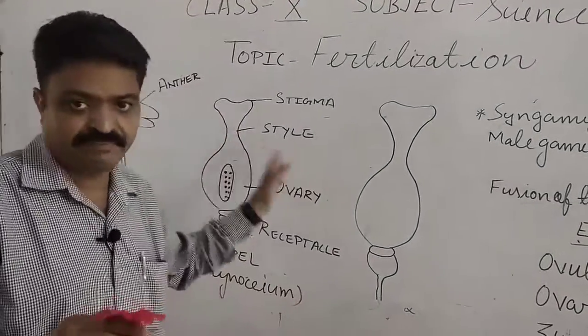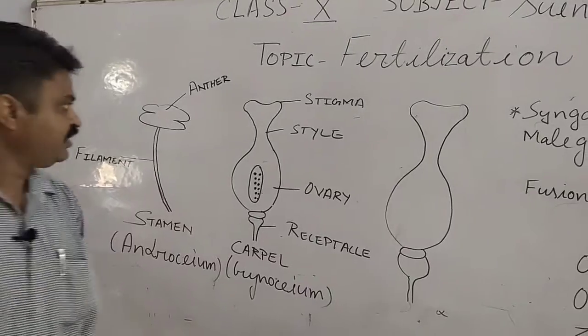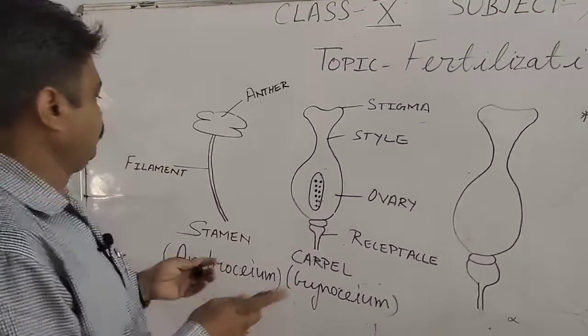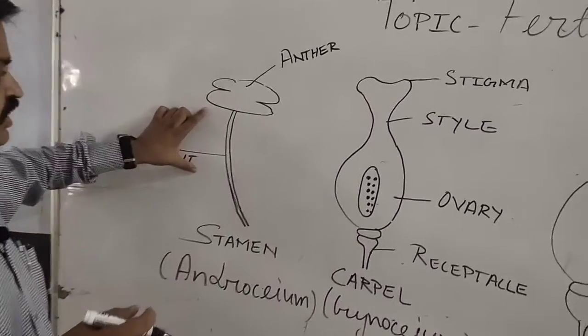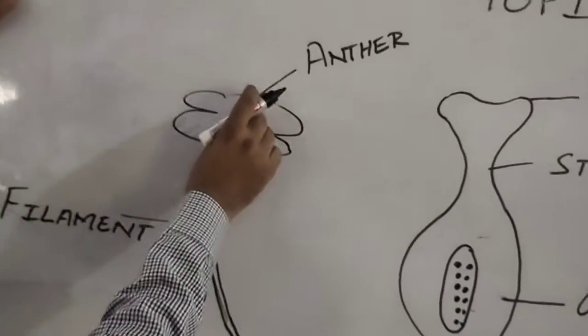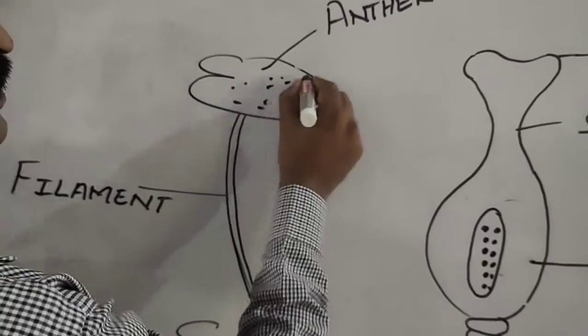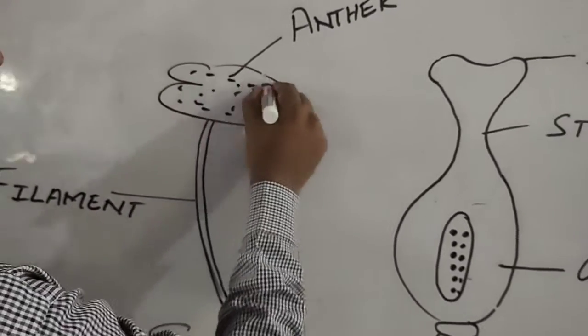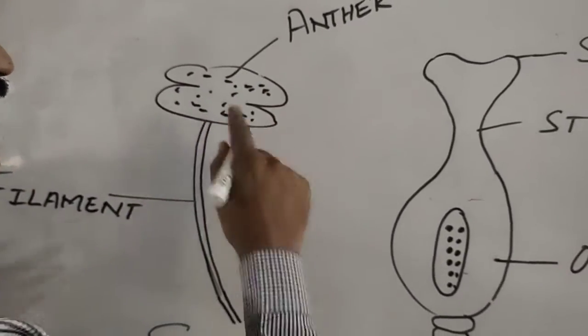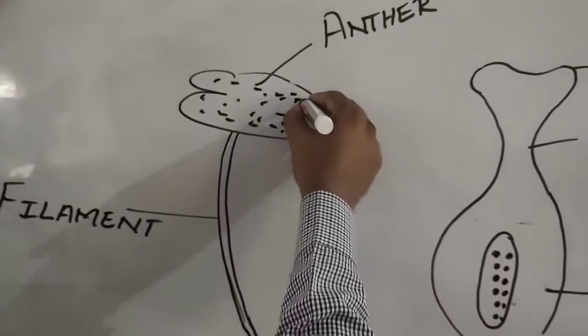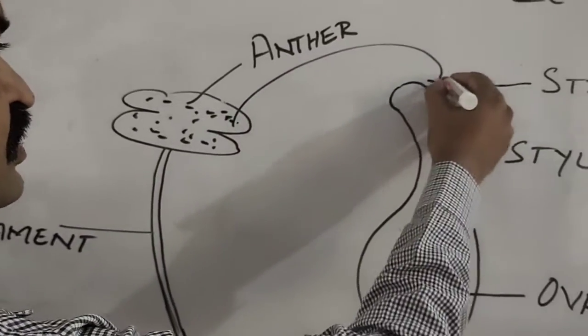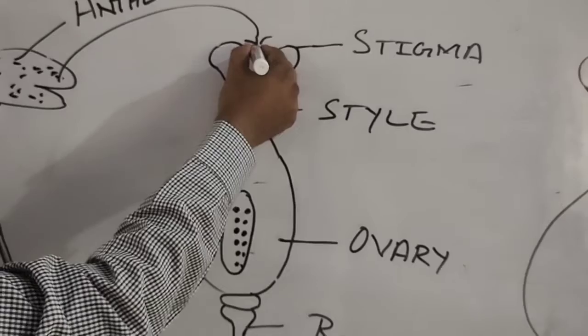Now in this, what happens, student? This is the male reproductive part and it contains the anthers. The anther is a sac-like structure and it contains the pollen grains, and inside the pollen grains the male gametes are found. Now these pollen grains move towards the stigma of the flower.